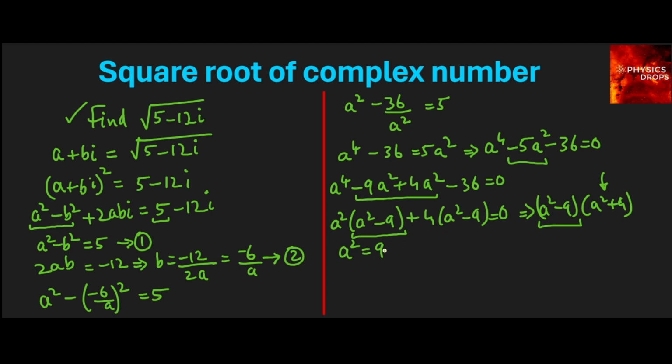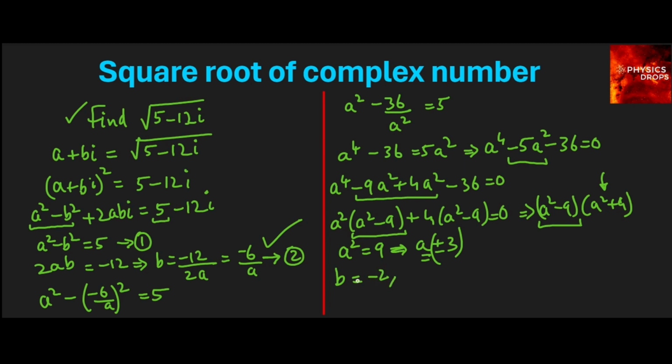So a square equals 9, which gives a is either plus 3 or minus 3. Now from equation 2, if a is plus 3, then b is minus 6 by a, so b becomes minus 6 by plus 3, which is minus 2.